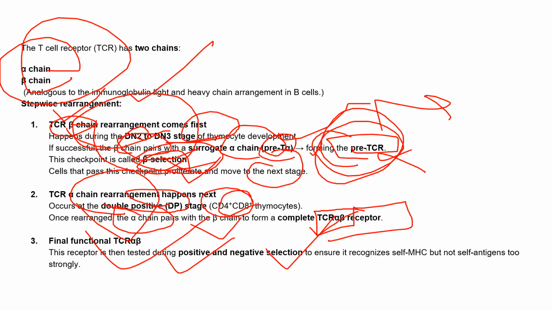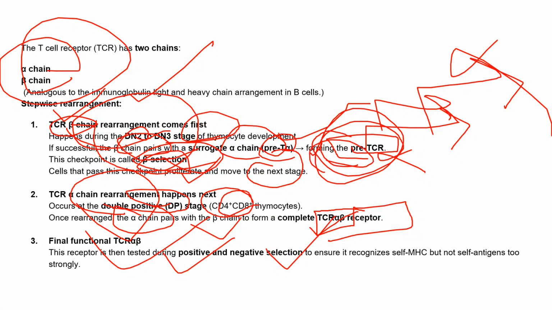Because if it went there with the pre-TCR only, whether they would be able to recognize the MHC or not, they would not recognize it and they would die. Only after the complete alpha and beta rearrangement will they be able to recognize the self MHC.